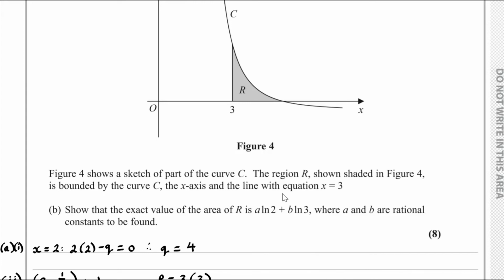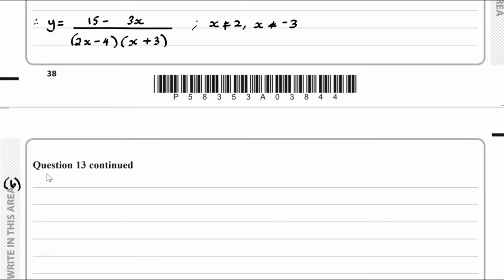Okay, so to find this area, R over here, we first of all need to find the point where the graph crosses the x-axis. And we can do that by setting y equal to 0.